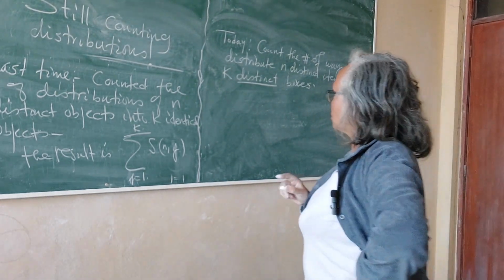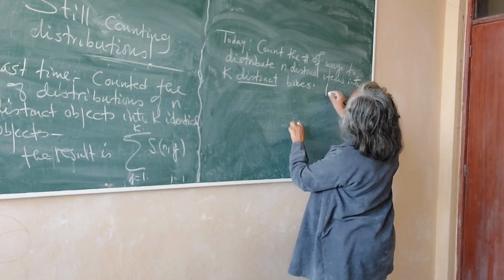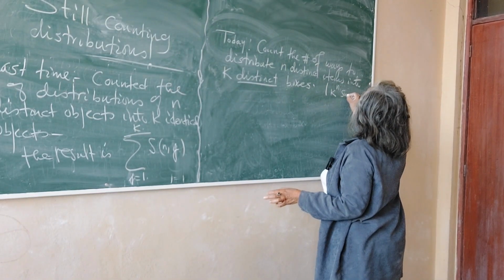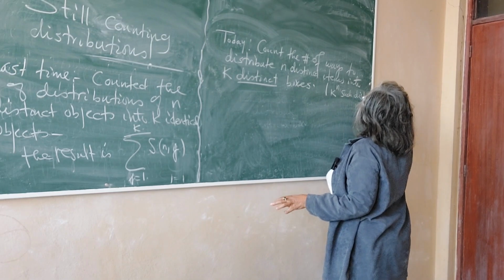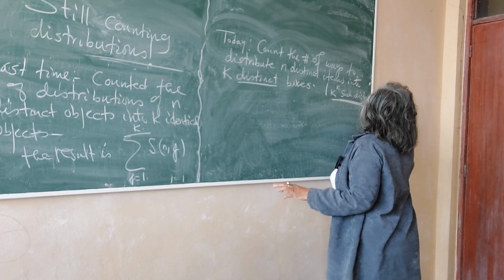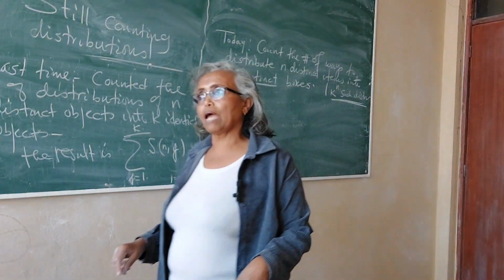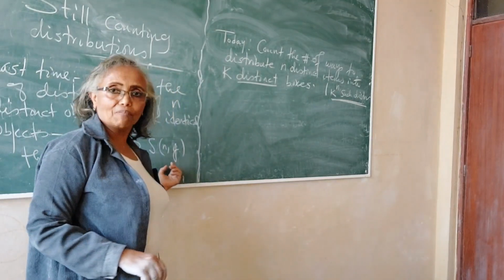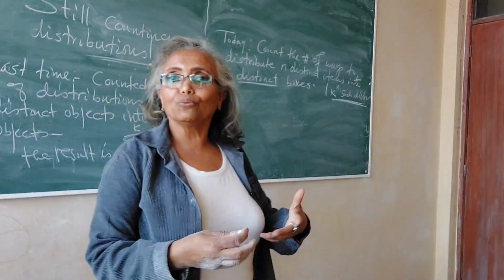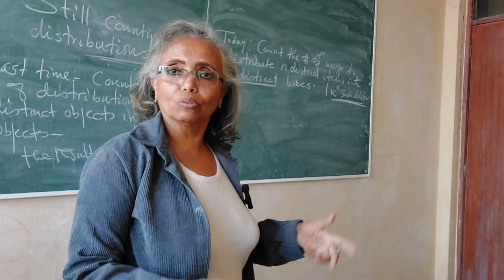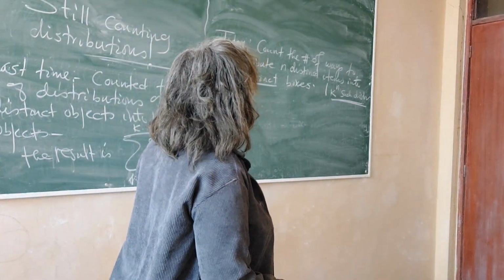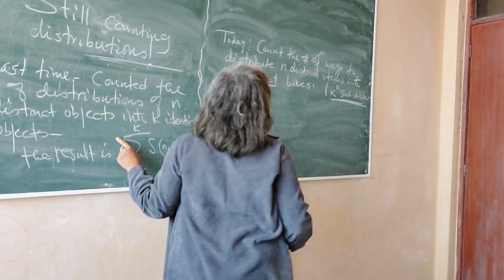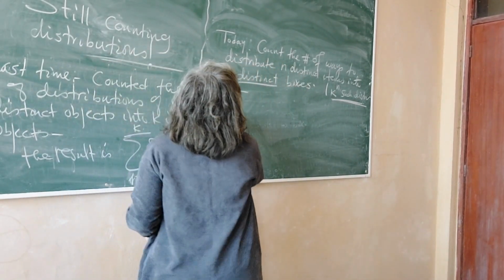Of course, it's very easy to see that there are k to the power of n such distributions. I'll discuss it next time. But now, we are going to make use of the tools we have at hand to determine a formula to count such distributions. Now let's go back to yesterday's and begin by counting.